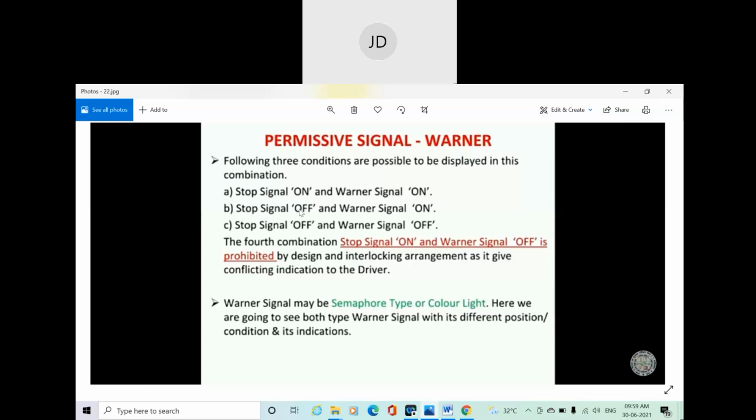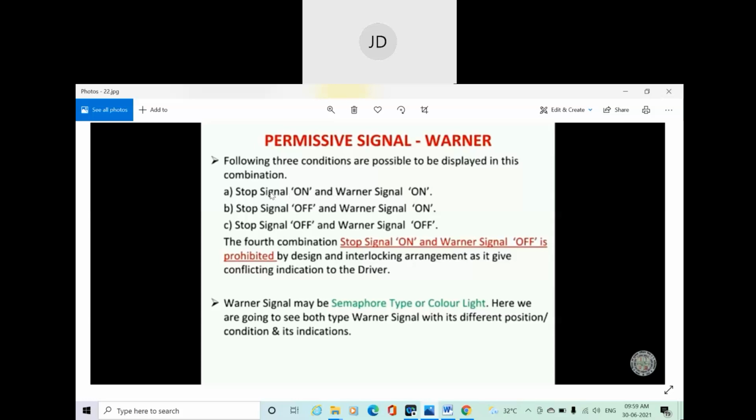Whenever a stop signal is off, even then the Warner signal has to be on, because the Warner signal gives information about the stop signal and the block section, which is a distance apart. So it is not basically related to this stop signal. Of course it's related somehow, but basically it gives individual information.